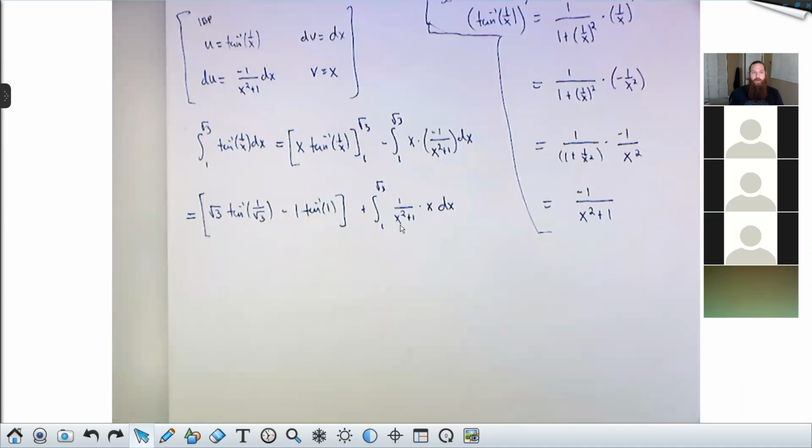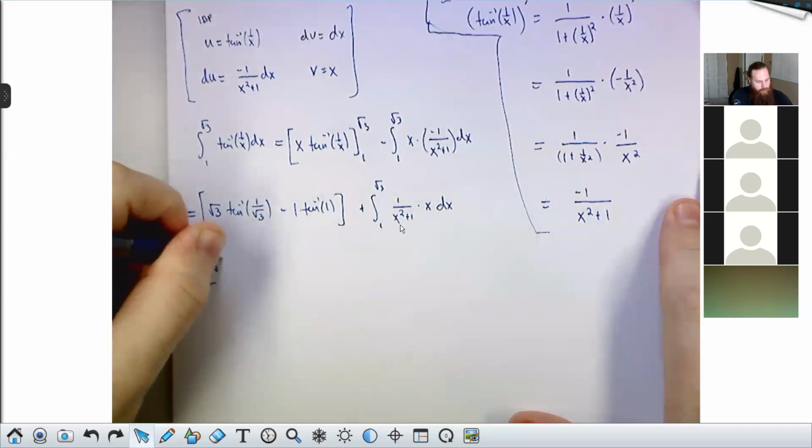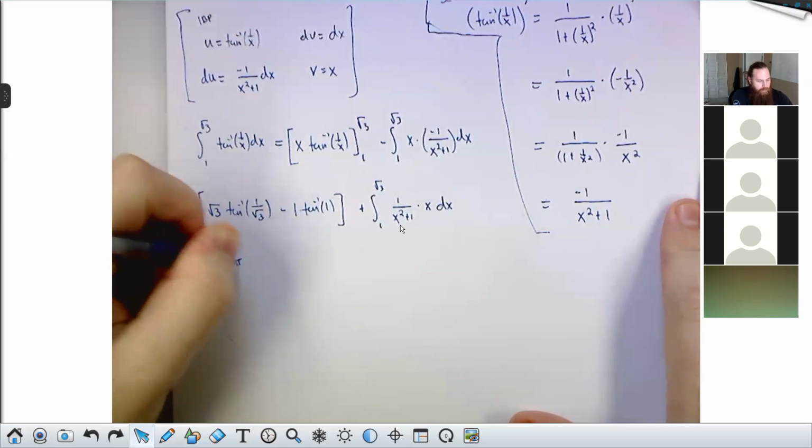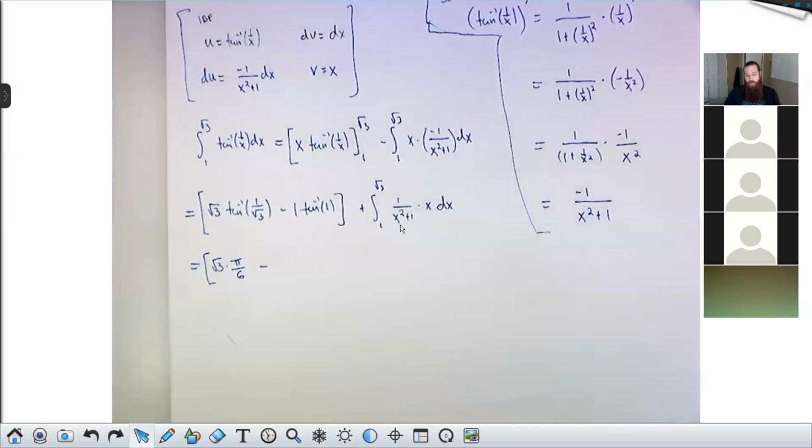That is the angle between -π/2 and π/2, so that the tangent of that angle is 1 over √3. Good, this is π/6. This is √3 times π/6 minus, what is the inverse tangent of 1? π/4. Good.